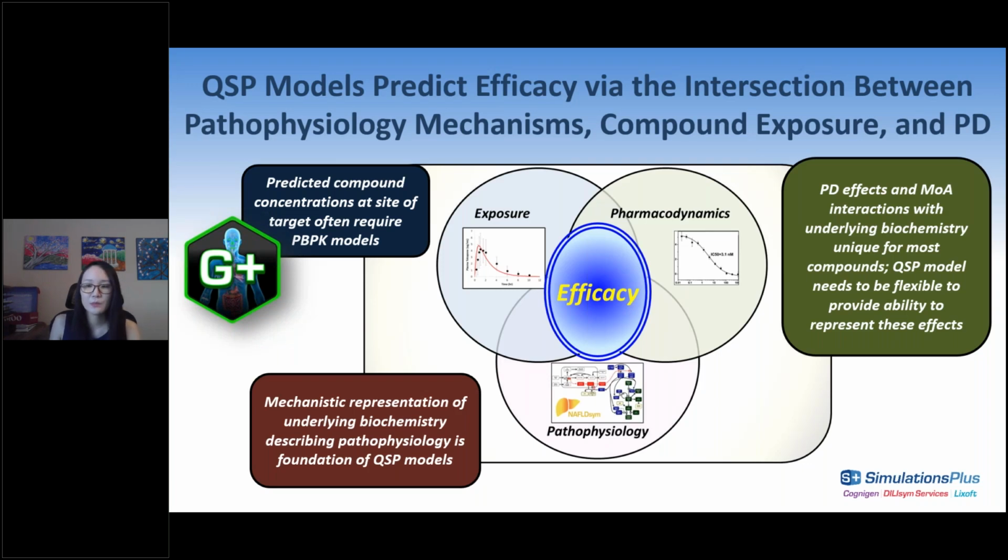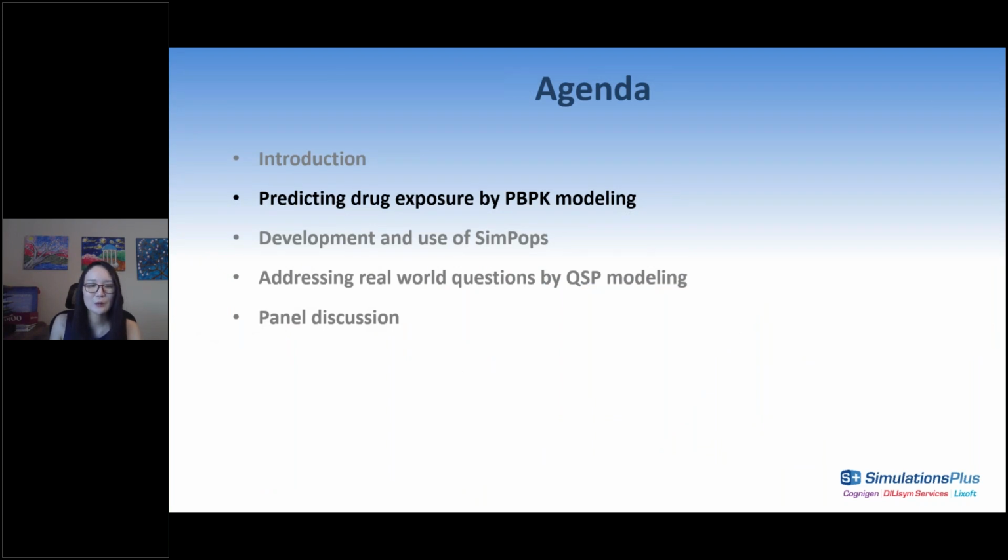Since there are multiple targets for a certain disease, a QSP model needs to be flexible to represent different therapeutic targets and their subsequent treatment efficacy. With that, at this point, I will turn it over to Viera to go over the PBPK modeling section.